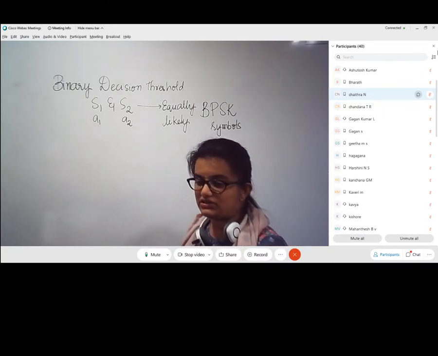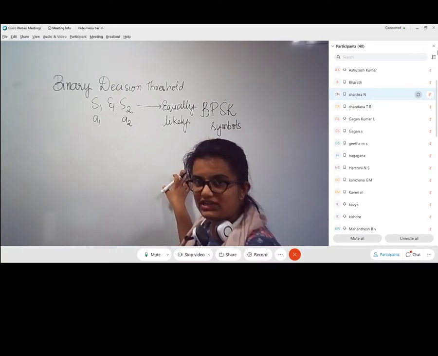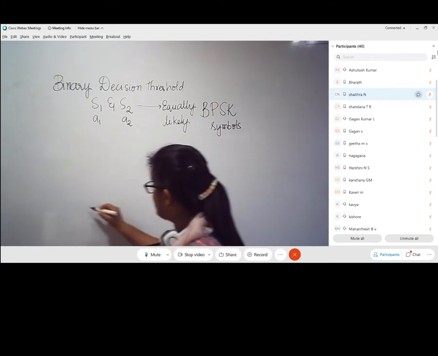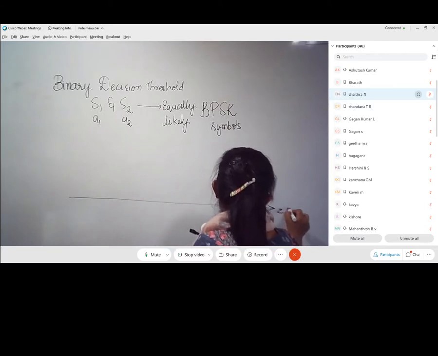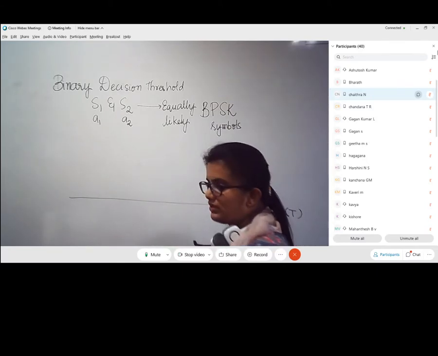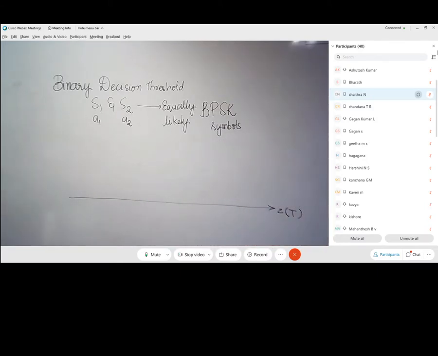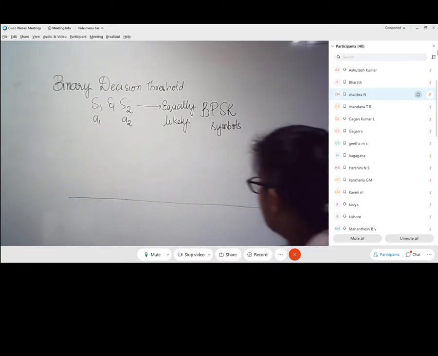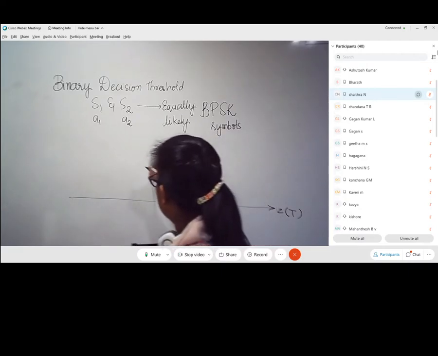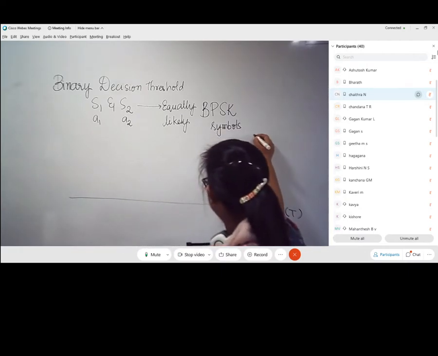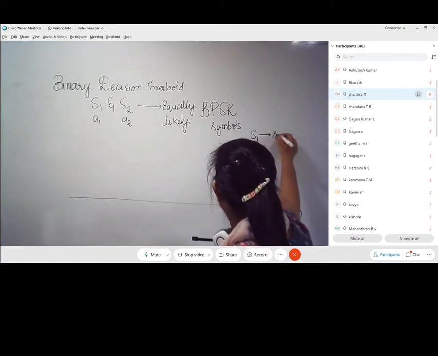Whenever I try to obtain like this, at the pre-detection point, I am going to plot the probability of occurrence of this Z of t. I hope you can see now. We are going to plot a probabilistic curve, given that S1 is sent.